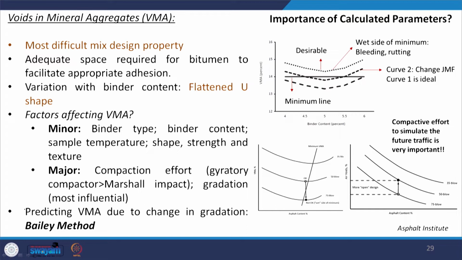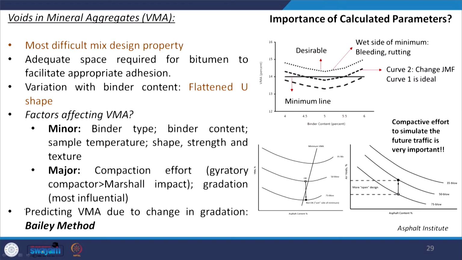Talking about VMA, by now we know what VMA means, but some of the important points are that VMA is one of the most difficult mix design properties. When I say difficult, it means difficult to predict, because it is dependent on various properties of individual materials, and in fact the bulk properties like aggregate gradation in the bituminous mixture.